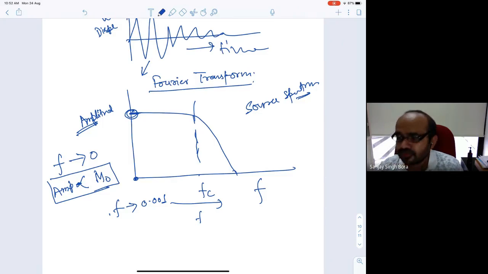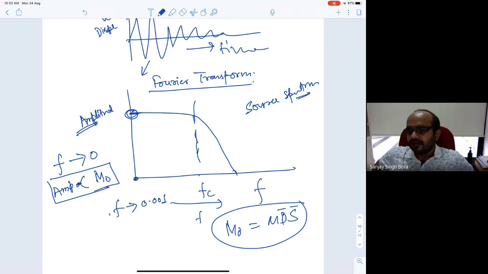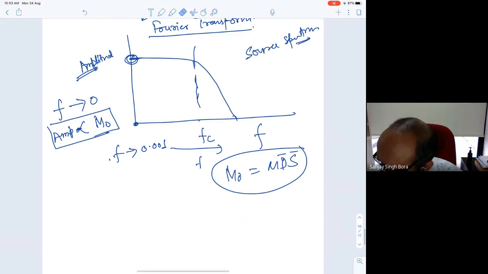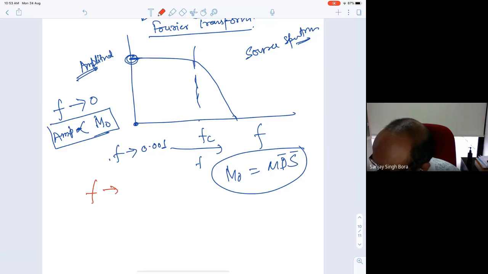So this amplitude is proportional to M0, and M0 you already know is mu D S. This is also giving you again the size of an earthquake. So that means if you want to measure the actual size of an earthquake, you should measure it when f is tending to 0.